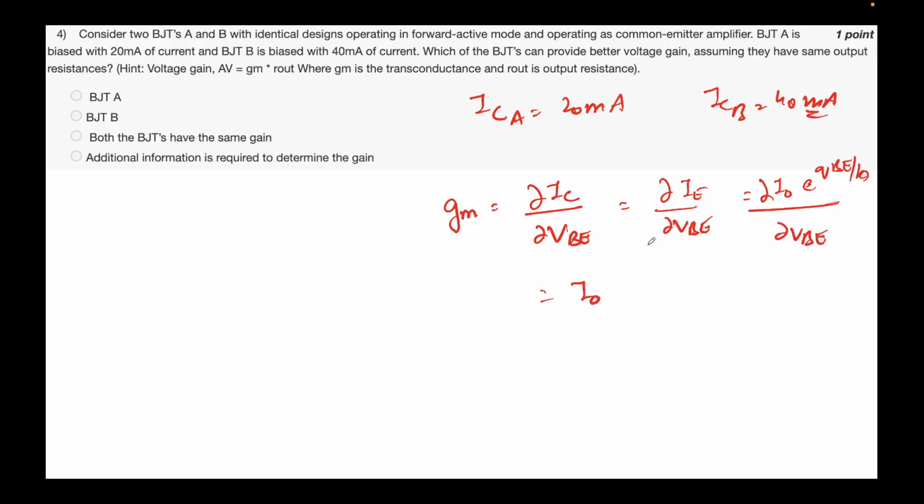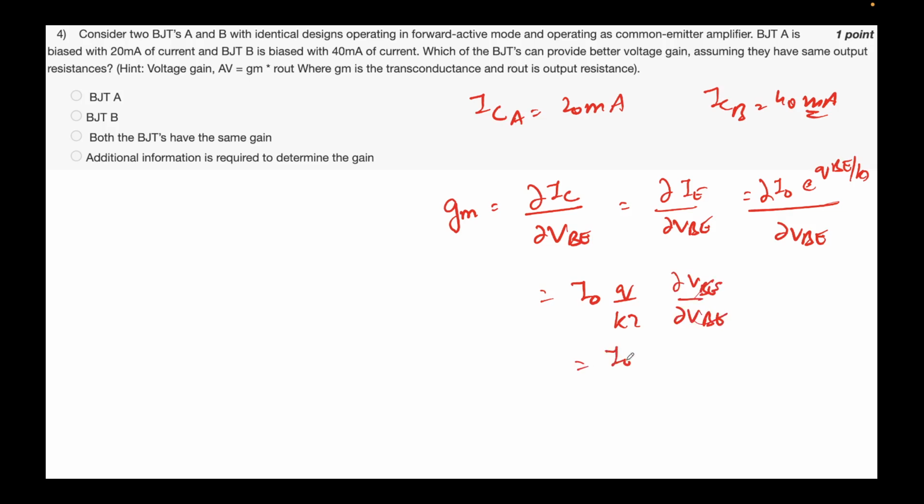I naught is a constant that comes out. We differentiate this term, so e to the power kx is k times e to the power x, so this will be q by KT, and del VBE over del VBE is 1.